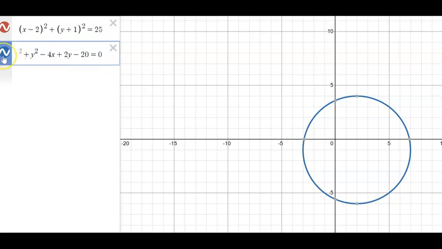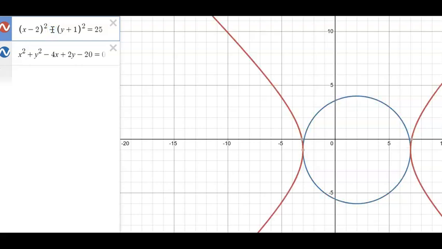If you see, the circle that was once red is now blue, and that's because these 2 forms are producing the same exact circle. Now, I could actually change some shapes here. If I take this and make this a minus, I changed the equation into a hyperbola.